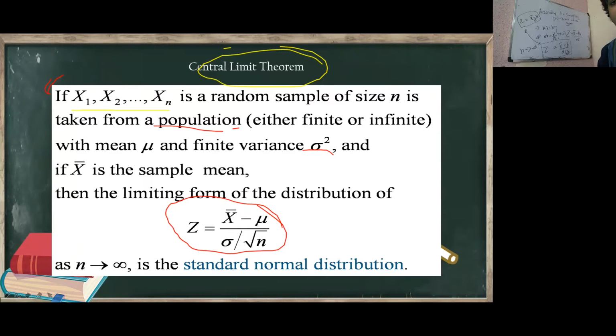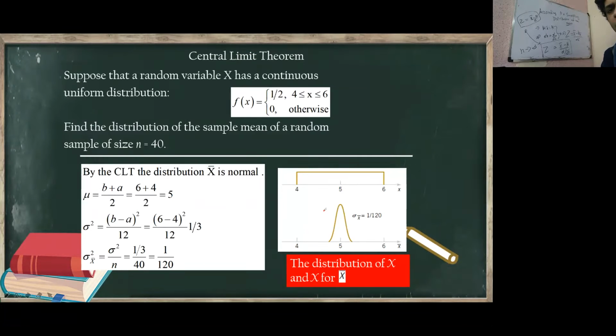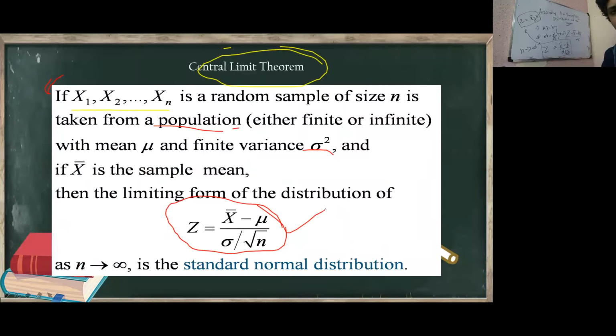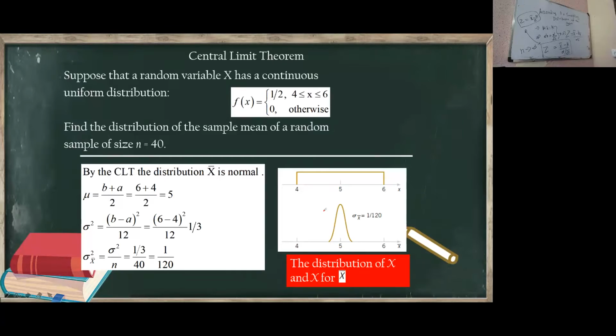So now you understand where we get this standardized normal distribution from. Let's do an example. Here we have a uniform distribution where the function of x is given as this.